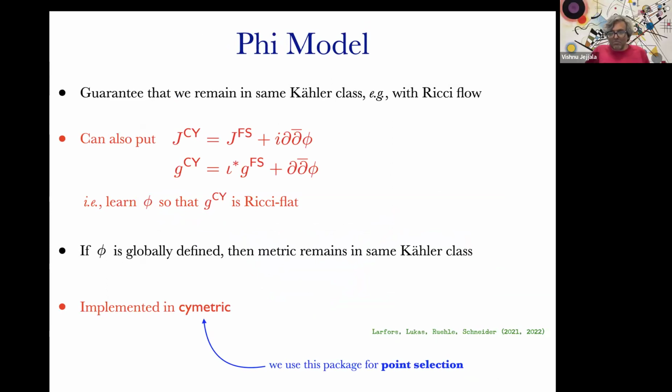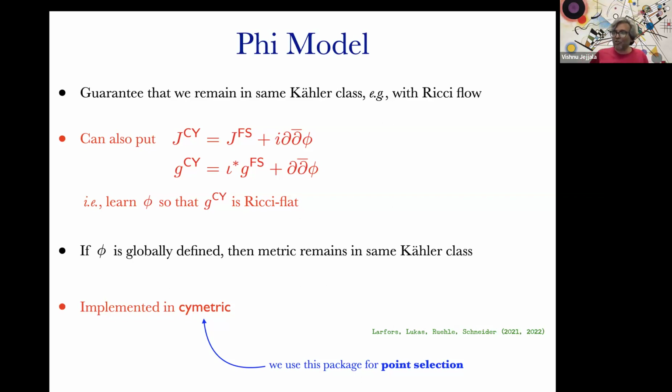Okay, so the package that Larfors, Lukas, Ruehle, and Schneider put out, cymetric, is an implementation of this idea of using neural networks in order to obtain Ricci-flat metrics. The model that they use and get the best results with, I think, is what's called the phi model. So starting off with some seed metric, the Fubini-Study metric generally, you can deform the seed metric by looking at corrections that are induced by some global function on the manifold.